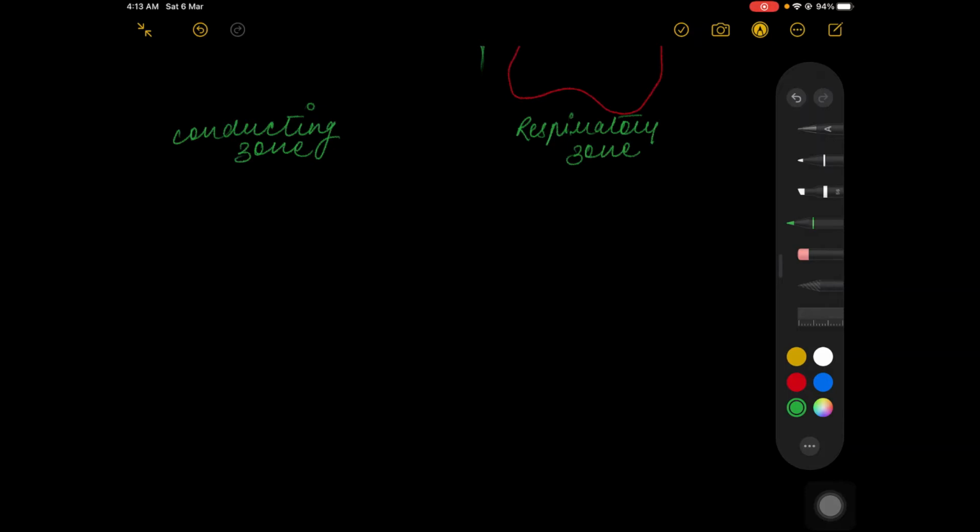Now suppose this is the trachea which enters the lungs. This is the lung. Now they further divide. The trachea divides into bronchi. This is bronchus.